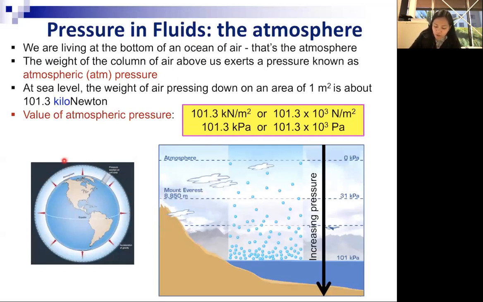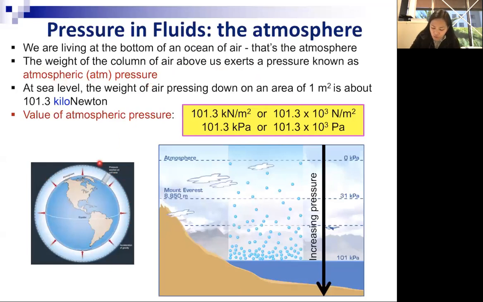The Earth's atmosphere is actually exerting a force on the surface of the Earth because the atmosphere is made up of air molecules, and atoms have masses, so you have this weight force exerted by air molecules on the surface of the earth. The weight of the column of air above us exerts a pressure known as the atmospheric pressure.